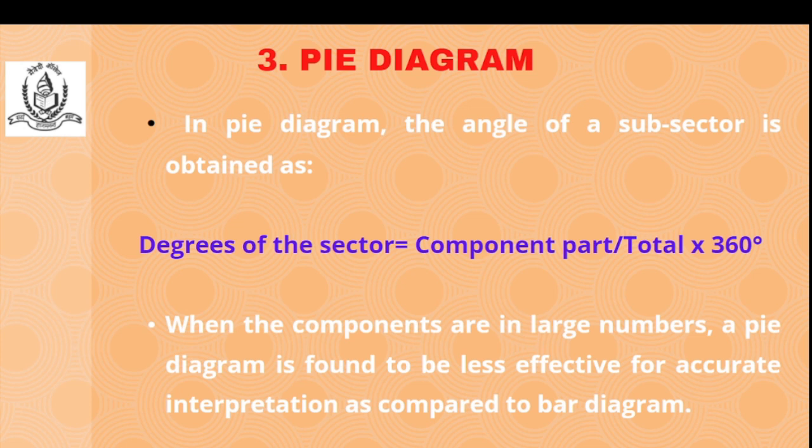Now, one limitation of the pie diagram is that if you have a very large number of components, it becomes very difficult to represent each component clearly on a pie diagram. So the pie diagram becomes less effective in that case. Only if you have a lesser number of components is a pie diagram a very effective way of representing the data.